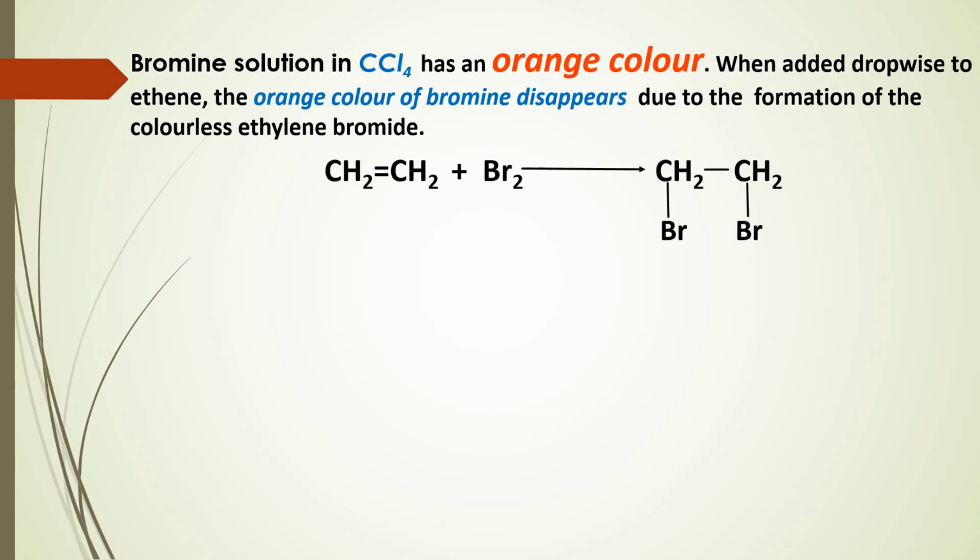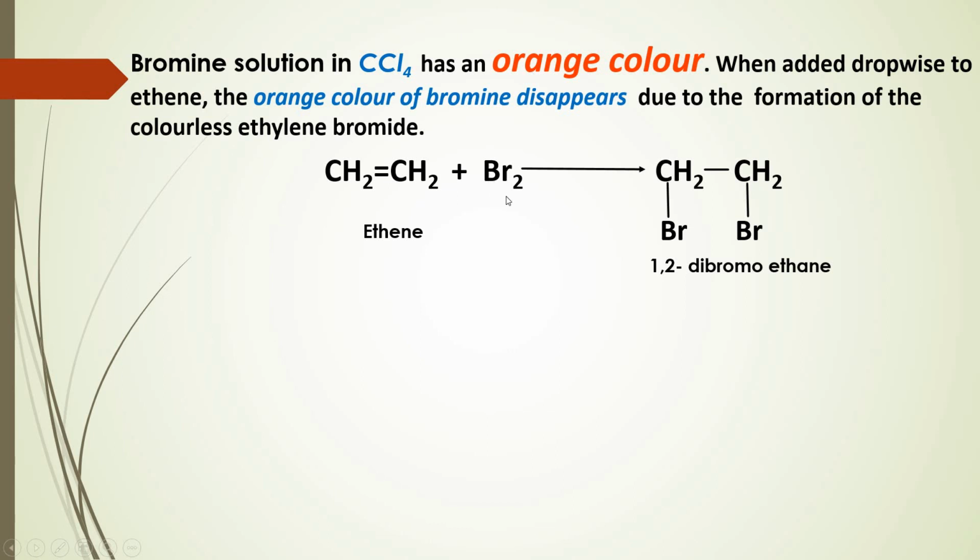Let's see the reaction mechanism. So this is the reaction. When bromine is added to ethene, we get 1,2-dibromoethane, and the formation of this compound gives different chemical properties, and one of the chemical properties is colorless.